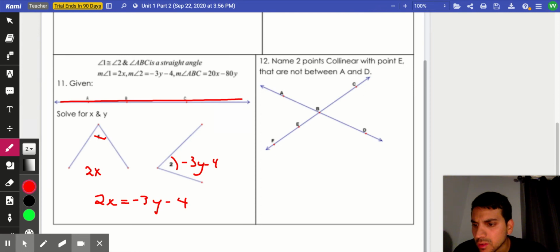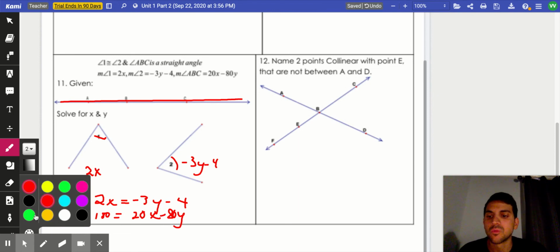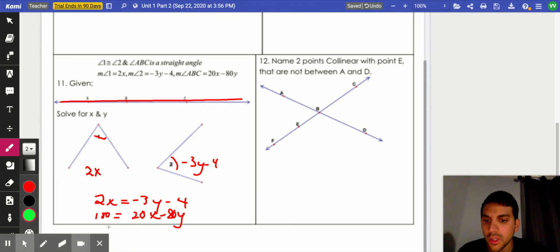Okay, sorry. If it's a straight line, right, you could say its measurement is 180 degrees, 20x minus 80y. Now, this is a system of linear equations. You want to match up your x's and your y's. So we just move everything over, okay? This will give you, if I did this correctly, 2x plus 3y is equal to negative 4.